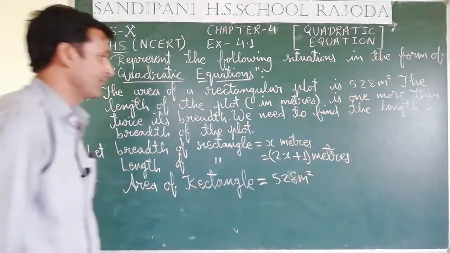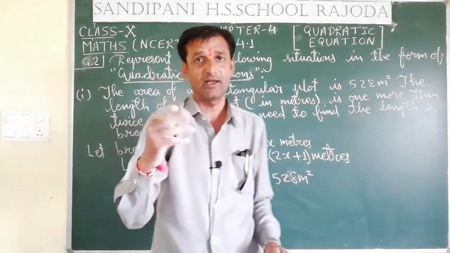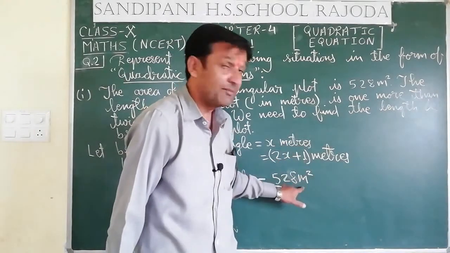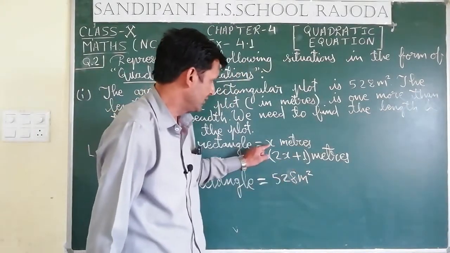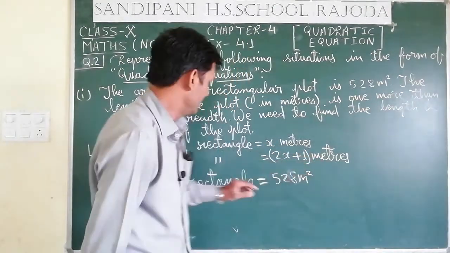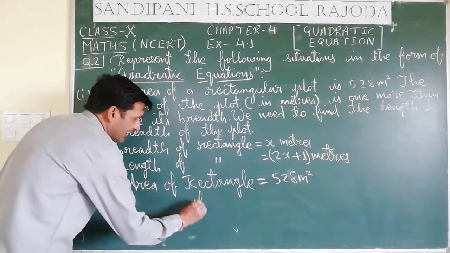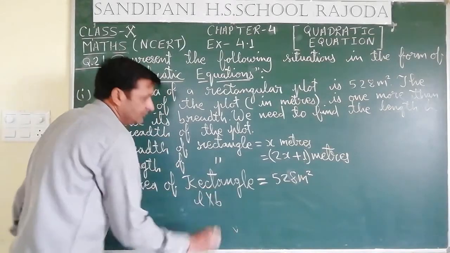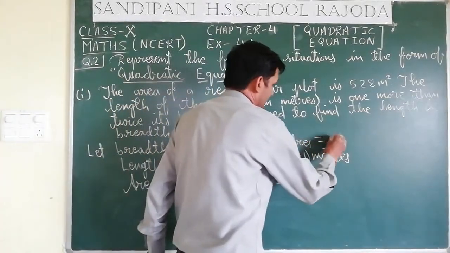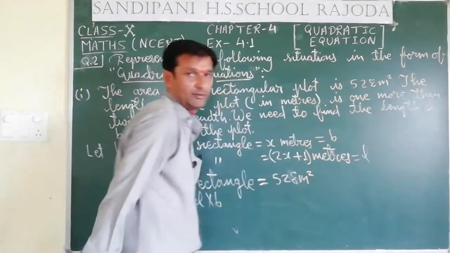Let me tell you one more thing. Why it is in meter square? One question arises in your mind, that why it is in meter square? Because length is in meter, width is in meter. We are mentioning the formula of rectangle as L into B, length into width. This is L of course, and this is width.